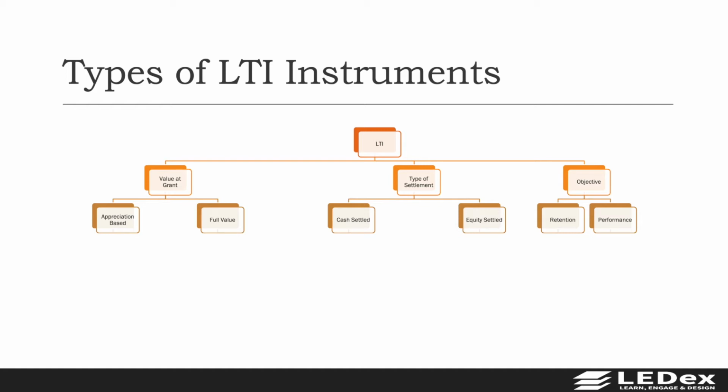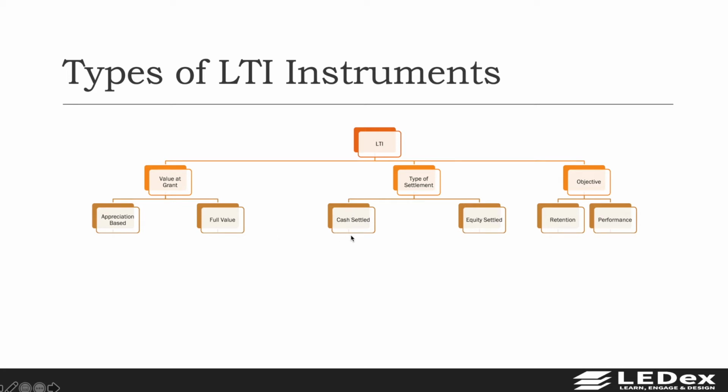A full value instrument, on the other hand, provides value to an individual irrespective of any appreciation in the underlying asset. We will delve into more detail on this concept in a couple of slides, but it's important to understand that primary differentiation between appreciation-based and full value instrument.